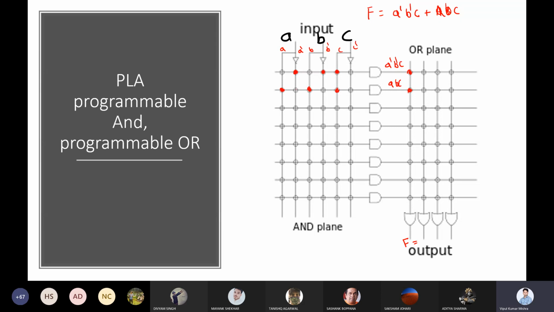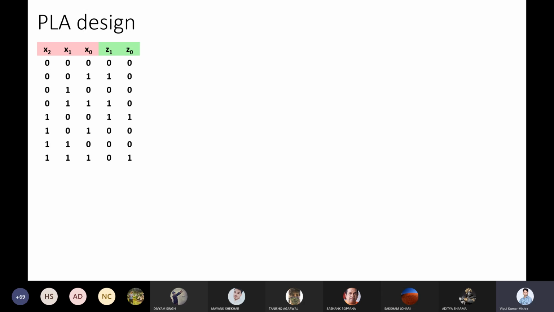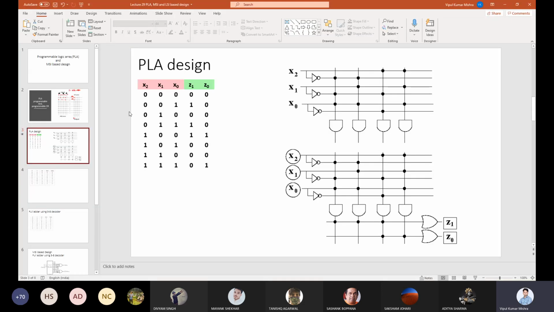So this is the PLA based design, programmable, because you can make the sorting as per your design or as per your requirement. So let's take one example. Suppose I want to make this function, right? Okay, so in order to make this, just let me take this.